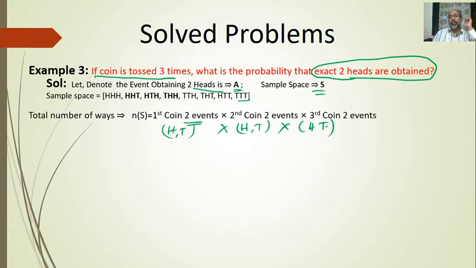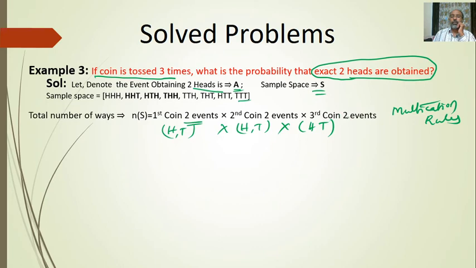So this is the formula for events, we'll call the multiplication rule. Like addition rule, we have multiplication rule also. So according to that one, we have 3 coins, 2 into 2 into 2.